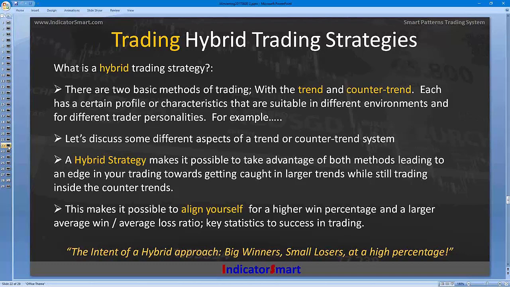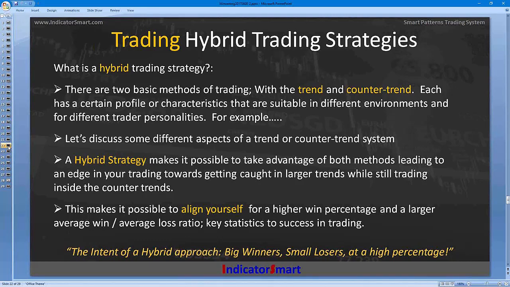If they show me the system performance summary and it's 80% winners, and the average winner is smaller than the average loser, then I know that's a counter trend system. Just by looking at those two numbers, I know right out the gate exactly what that system's doing.